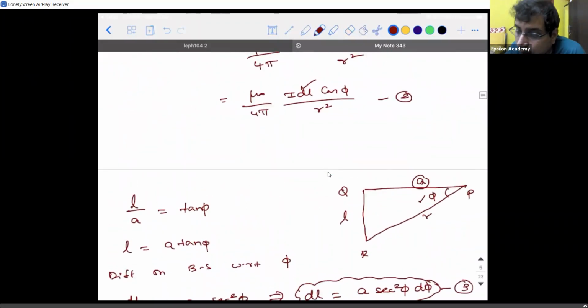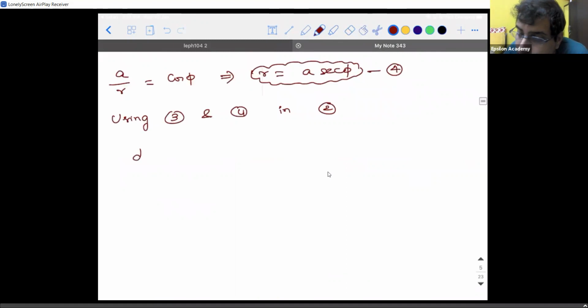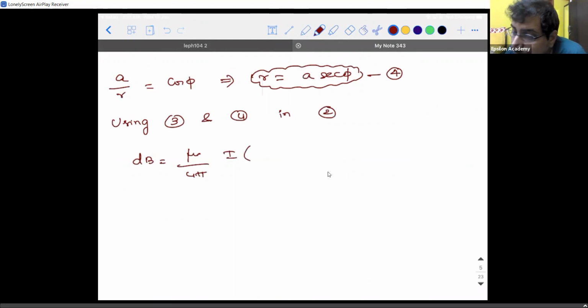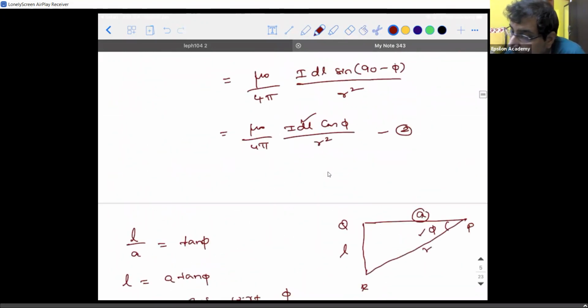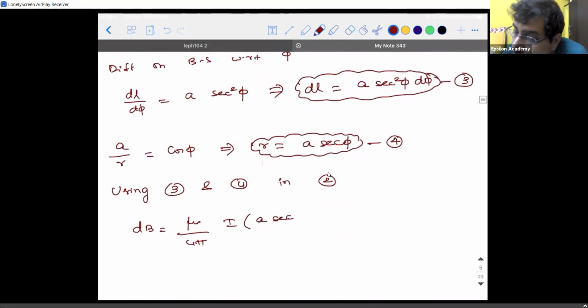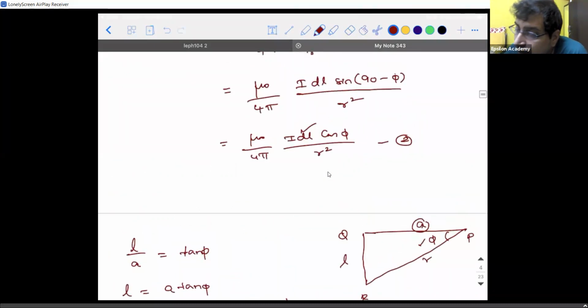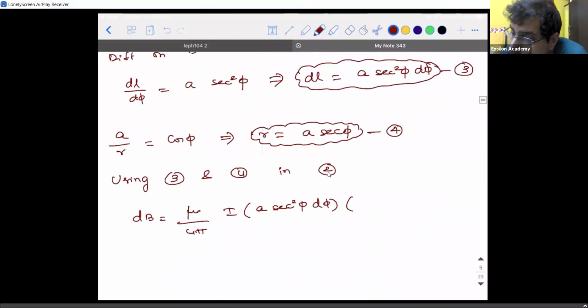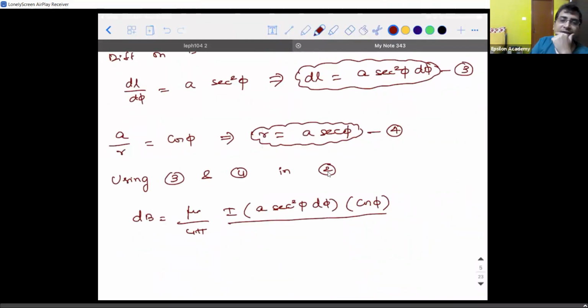What do we get? dB will be equal to mu naught divided by 4 pi into I into, in the place of dl, what can I write, guys? A secant square phi d phi into, I have a cos phi here, I will write the cos phi, the whole divided by, what do I have next?